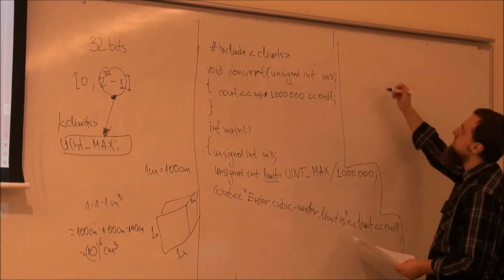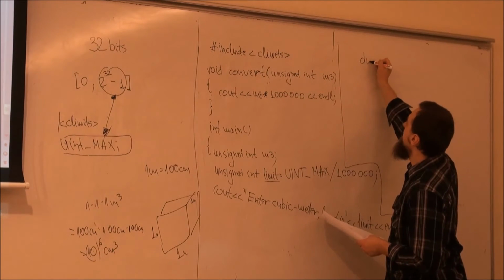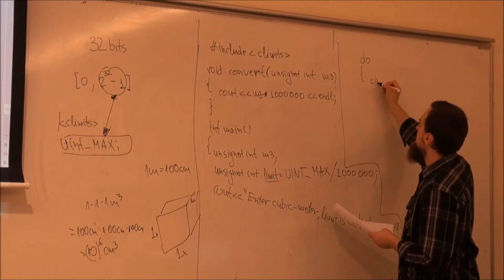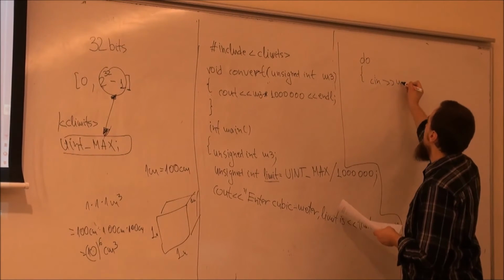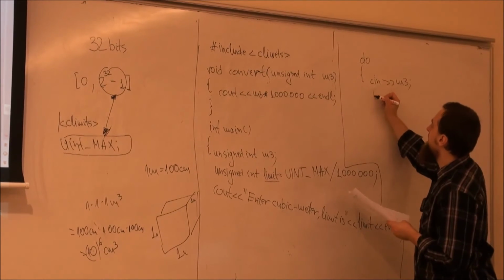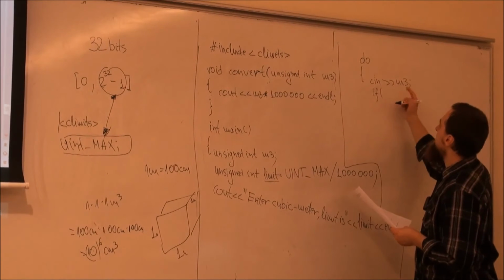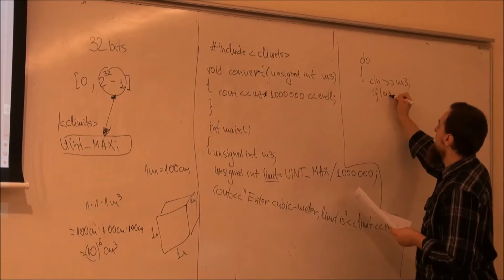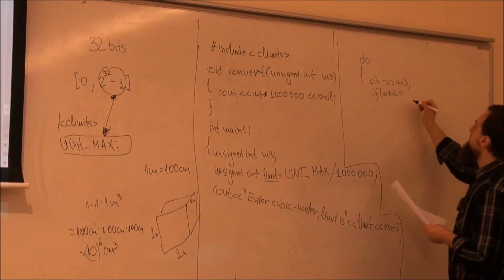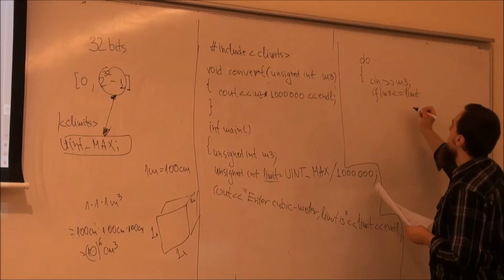So the code continues. I have do, and I'm reading the values. Cin M3. If, and now I'm checking, if this M3 is smaller or equal to the limit, then what?